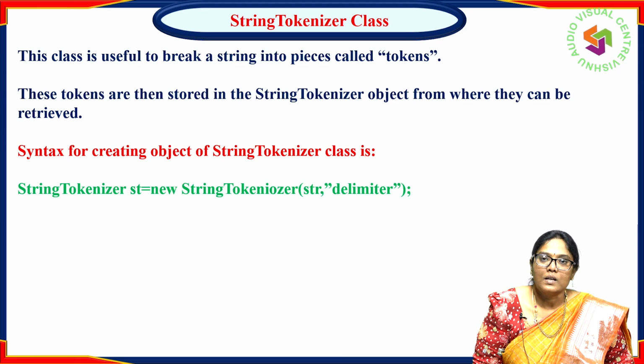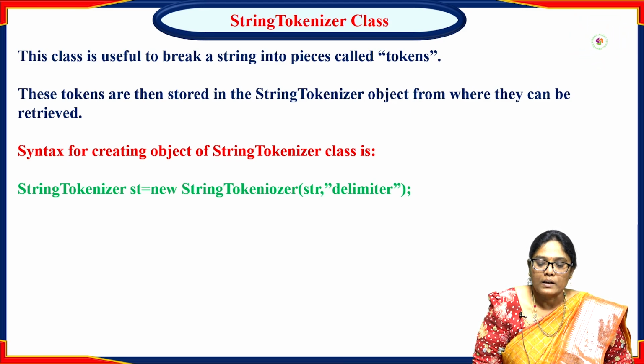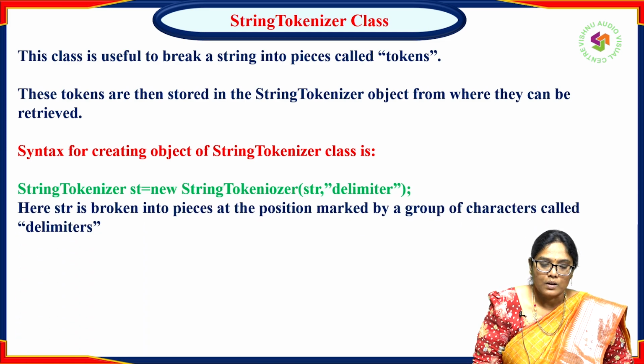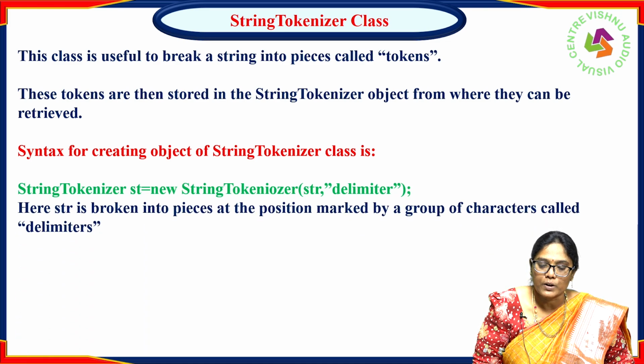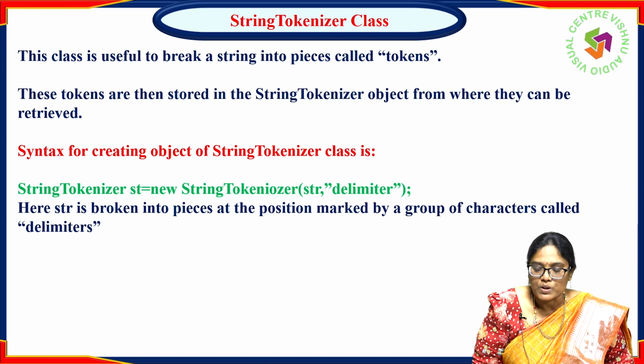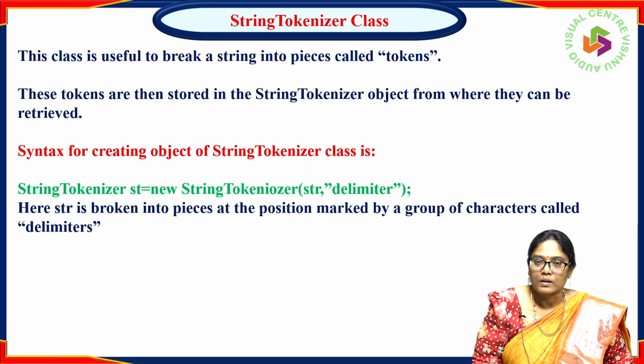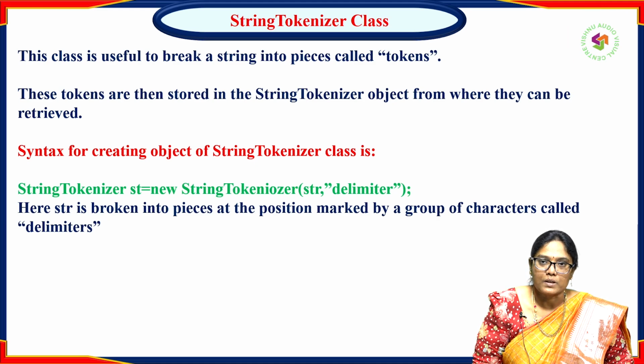Here str is the string we want to break into pieces, and the delimiter is what determines where the string will be divided into pieces. The position at which the breaking has to happen is specified by the delimiter.